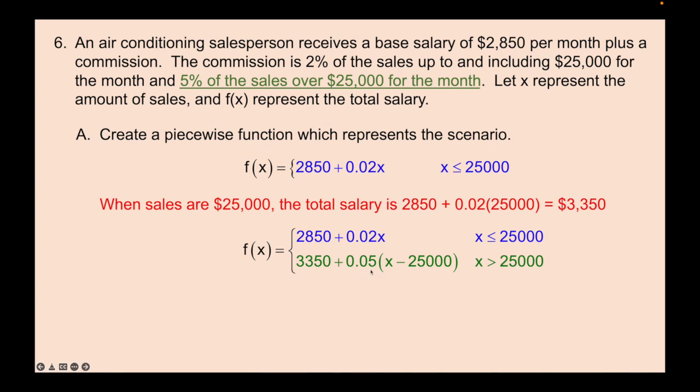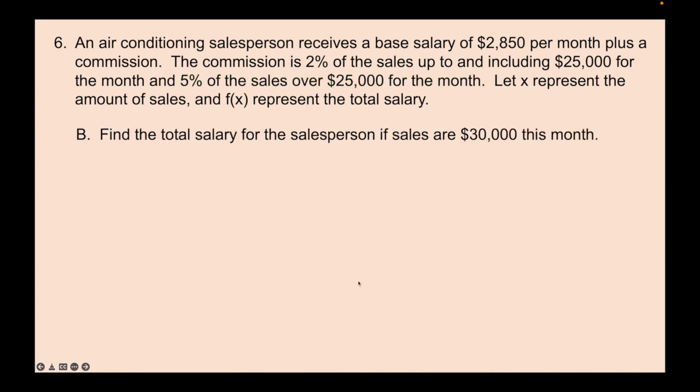But again, because that's over the 25,000, we set that up as x minus 25,000. That way, if we're plugging in 25,001, we realize that we're only plugging in a 1 technically, and that's multiplying by that 0.05. So for part B, go ahead and pause the video and see if you can answer that question.